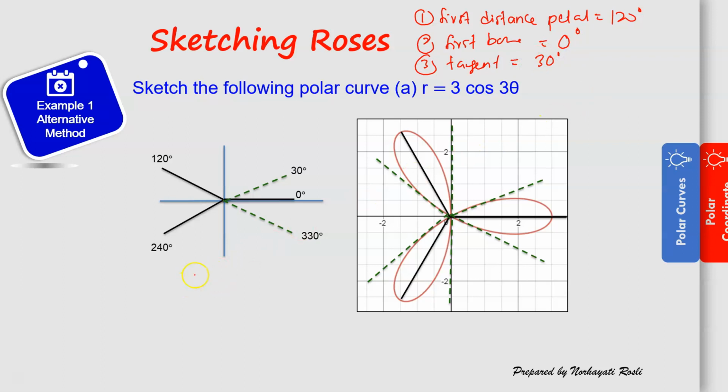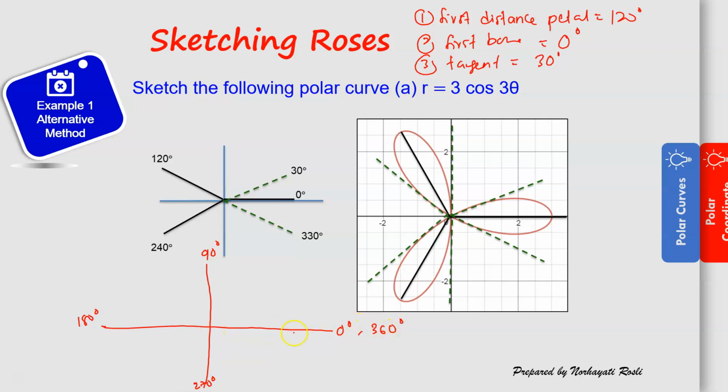What does it mean? When I plot here, I will have my first distance petal, which is starting from the first bond. This is our first bond, 0 degree. This is 0 degree, 90 degree, 180 degree, 270 degree, and then it will go back to 360 degree.